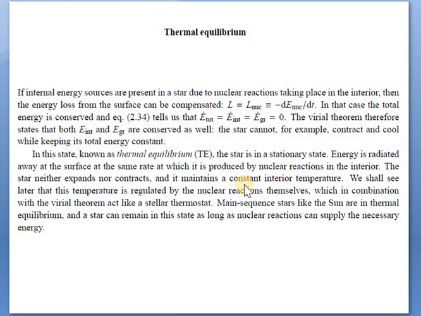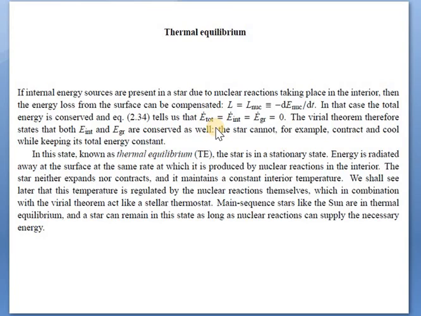In this case, the total energy is conserved, and the Virial theorem states that both internal energy and gravitational energy are conserved as well, which means that the star cannot contract and cool while keeping its energy constant. In this state, the star is known to be in thermal equilibrium, and the star is in a stationary state.